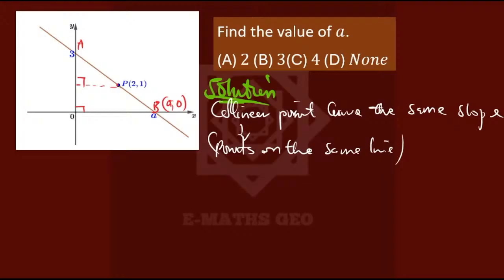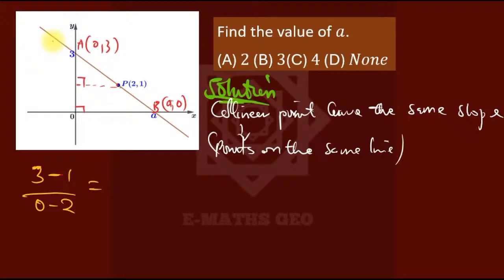Since I said that collinear points have the same slope, the slope of the line joining A and P will be 3 minus 1 over 0 minus 2, since the coordinate here is 0, 3.